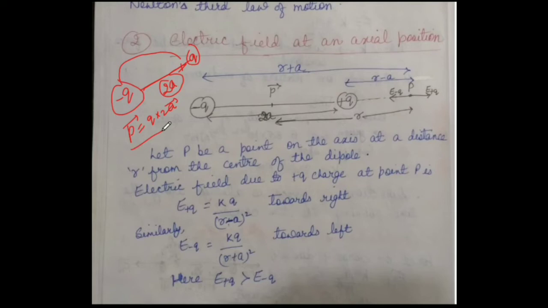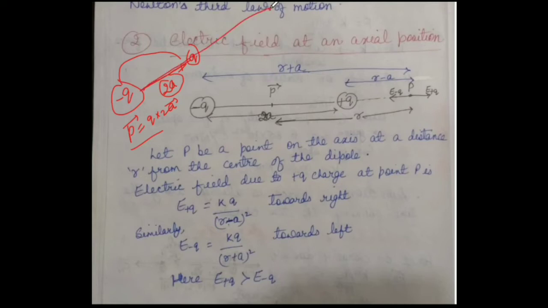Electric field, you know, is the region around a charge in which any other charge that comes experiences some force, right? And you have to find the electric field intensity along the axial position of this dipole, and then, second part, the equatorial position. So what is the axial position and what is the equatorial position? Axial positions are points lying on the axis of the dipole. Suppose this is the dipole, minus q plus q. So the axis is this one.